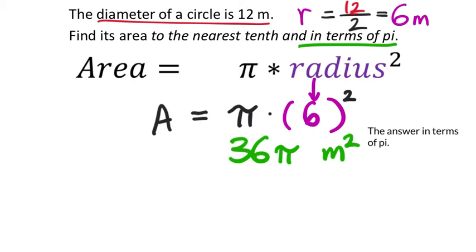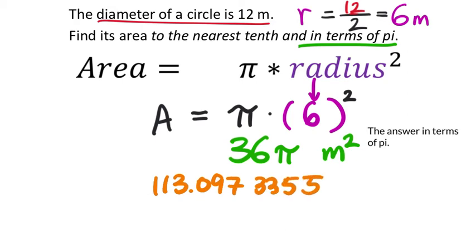But I'm going to change this into a decimal. I'm just pushing the double arrow button immediately above the enter button. And it gives me this decimal. Pretty ugly. 113.0973355. Well, we only want to round this to the nearest tenth, and we don't need all these decimals, okay? So on this one, I see I've got a 9 in the hundredths place value.